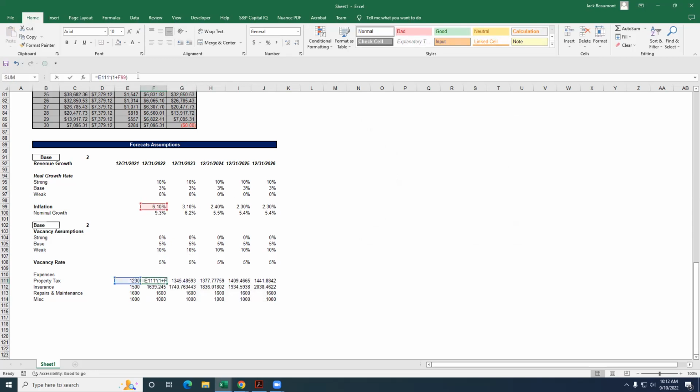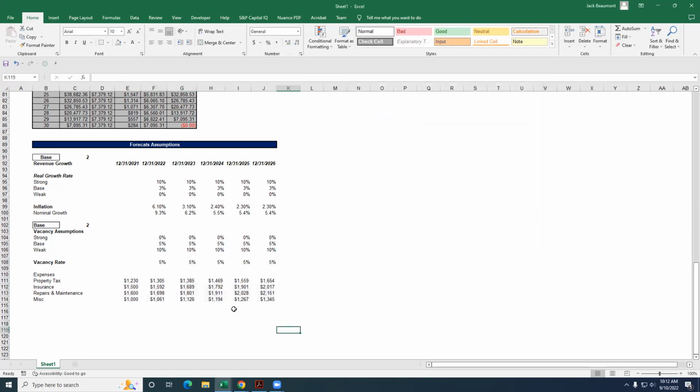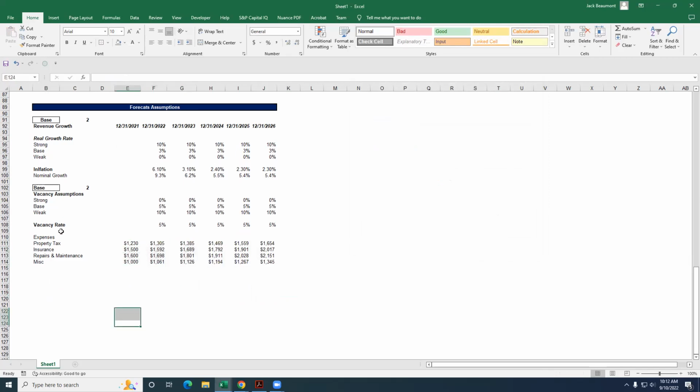It didn't anchor inflation. Okay, cool. So that's our forecasts done there.